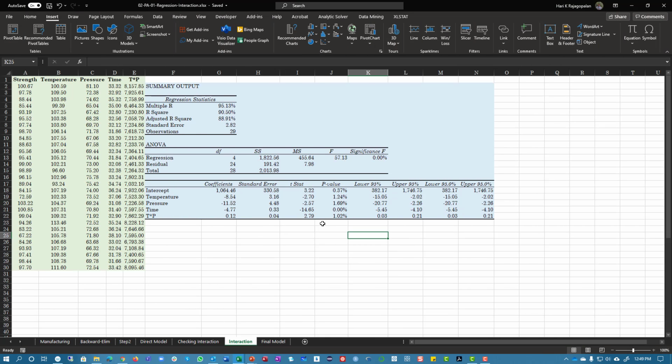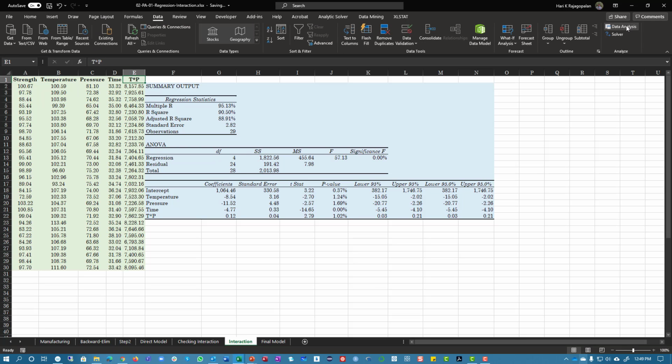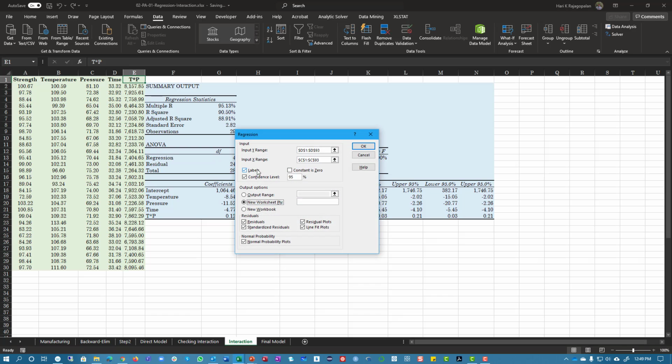So very quickly, because we have done this so many times, what we have done is we have created a new variable called T multiplied by P, or interaction. And you can see that there is your interaction effect. You basically multiply those two values, and then you go to data analysis, and you do the same thing.